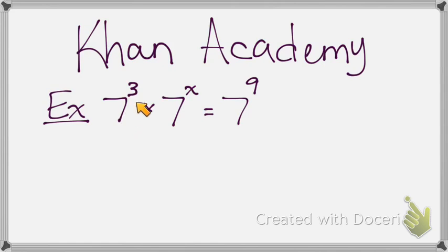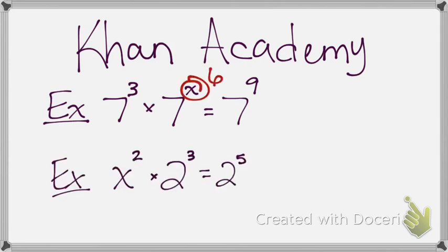So if you have 7 to the 3rd power times 7 to another power, what would that power have to be in order for 7 to the 9th power to be our ending result? Not only that, sometimes it's also going to make you find the base. What would this base have to be in order for this to work? So the second assignment tries to stretch your thinking of, if I take a piece out, would you be able to find that piece?